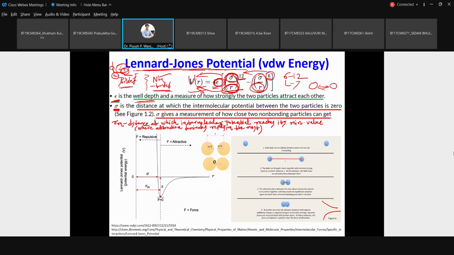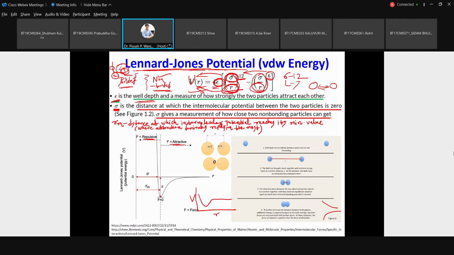It is not simply attractive or repulsive, but a combination of the two. You can see there is an attractive part beyond this line and a repulsive part beyond this line. Always for the van der Waals interaction you will see plots like this, with potential energy on the y-axis and distance on the x-axis.